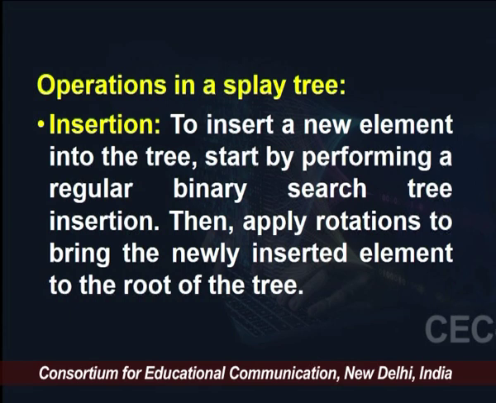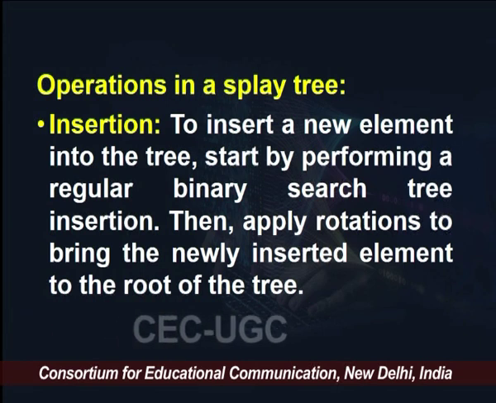First, its appropriate position is determined using the regular binary search tree search, and then it is inserted. Then we need to apply rotations, such as zig, zag and so on, to bring the newly inserted element to the root of the tree.